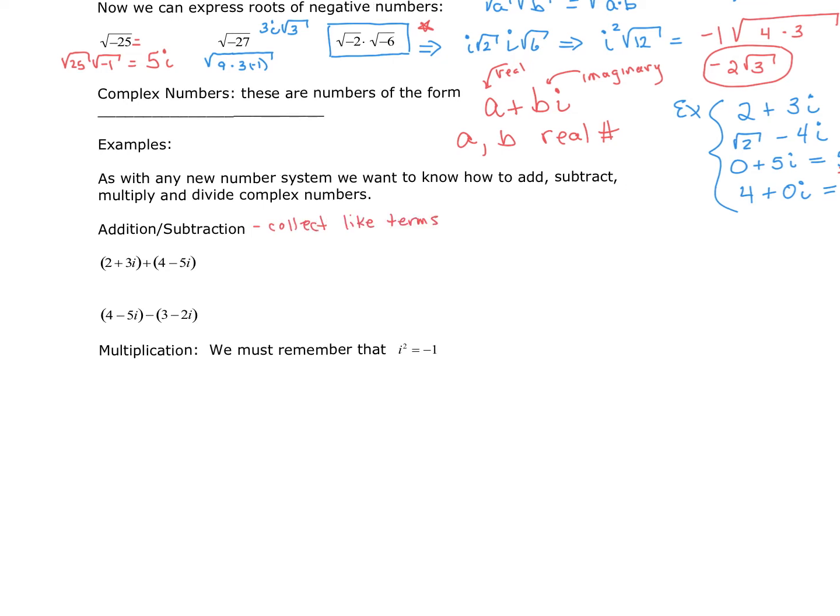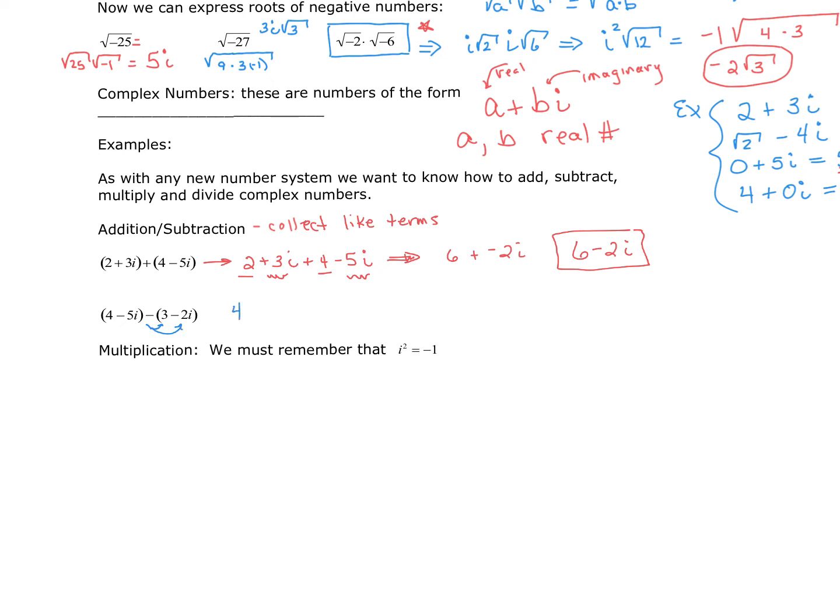So in this first example, these parentheses don't really mean much to me. So this is really 2 plus 3i plus 4 minus 5i. And if we collect the real parts, 2 and 4, we get 6. And 3i minus 5i is minus 2i. So we get 6 minus 2i for that. On the second example, the parentheses are important because we need to distribute this negative sign through.